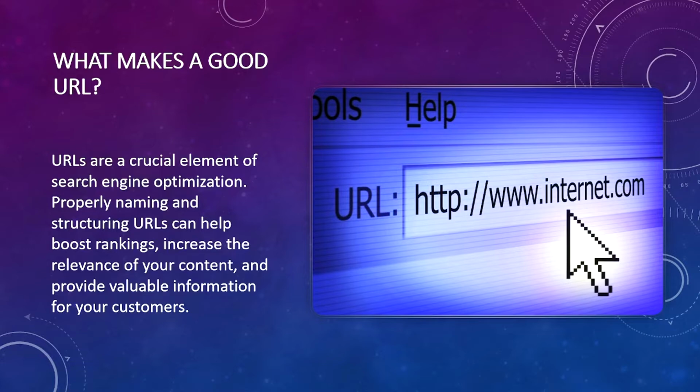So what makes a good URL? Well, URLs are a crucial element in search engine optimization. Properly naming and structuring URLs can help boost rankings, increase the relevance of your content, and provide valuable information to your customers.